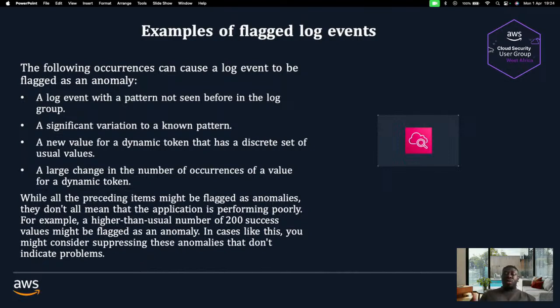If you remember what we were speaking about earlier, when the log is initially ingested into the log group, the log anomaly detector scans through that log and tries to train itself.